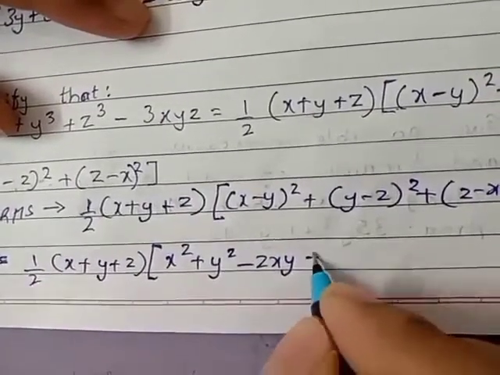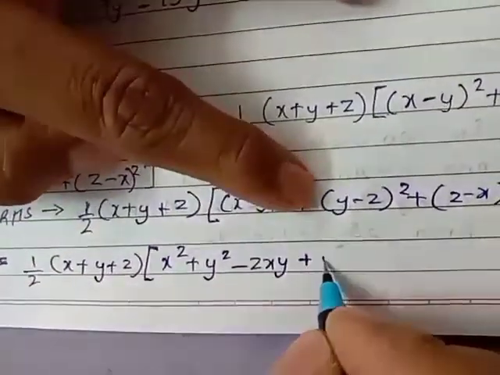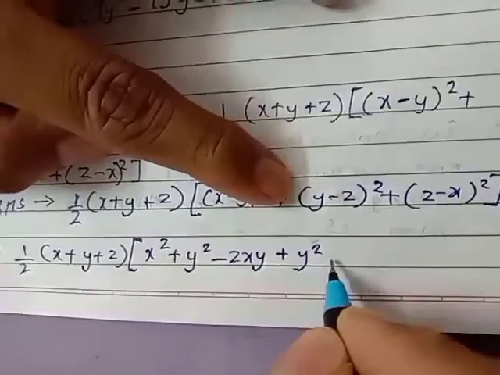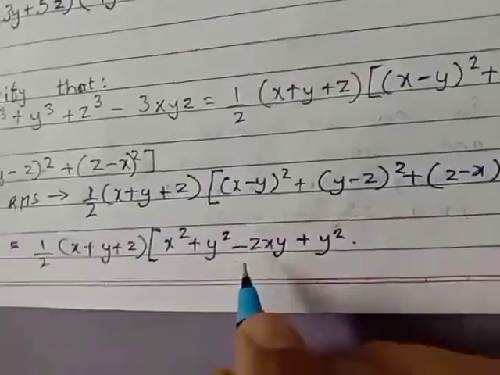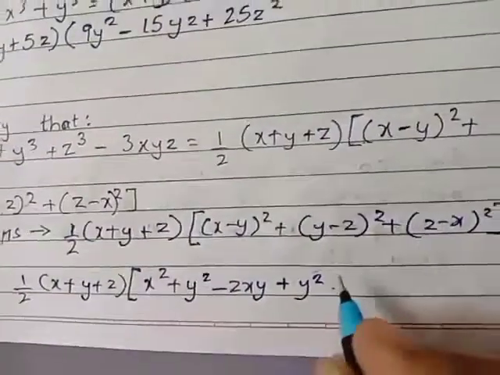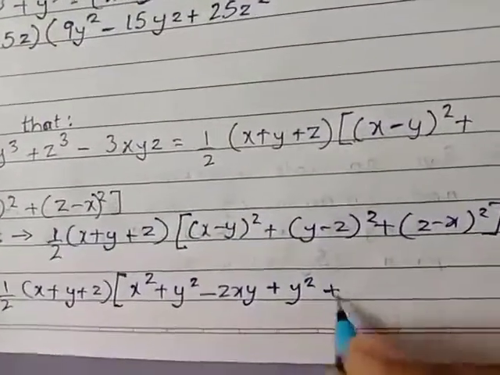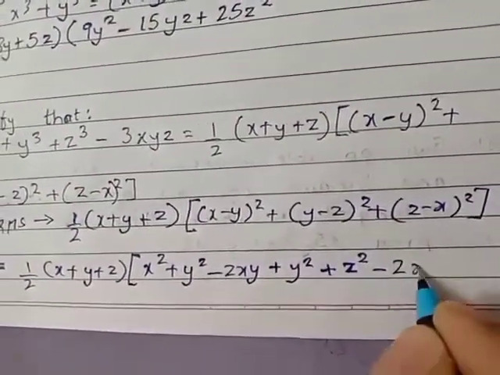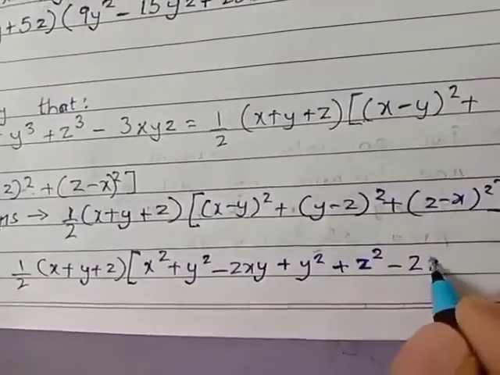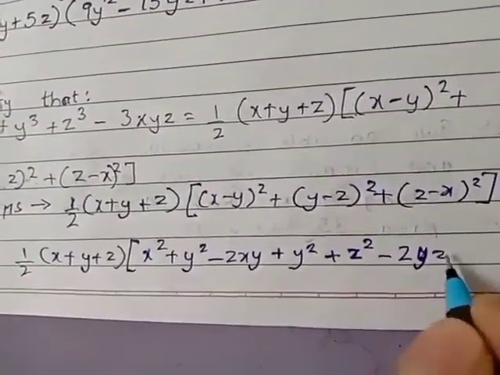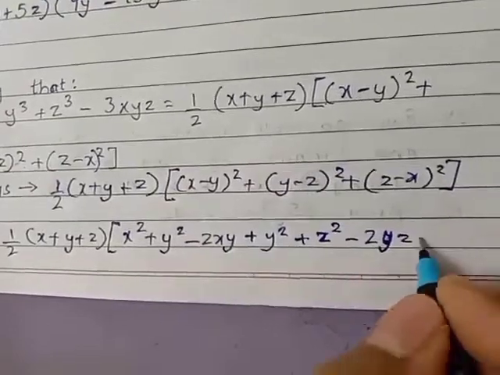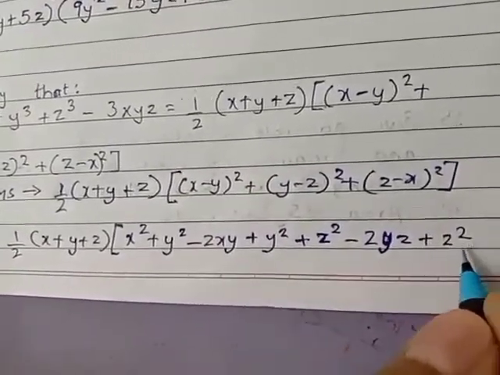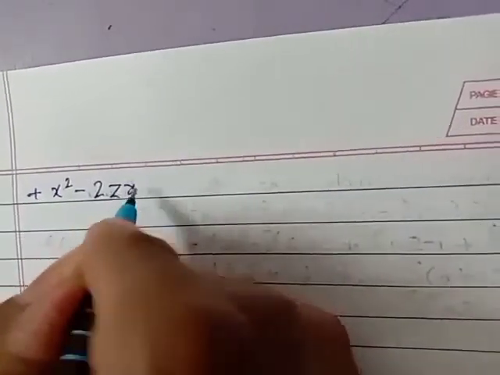For this it is y square plus z square minus 2yz, plus z square plus x square minus 2zx.